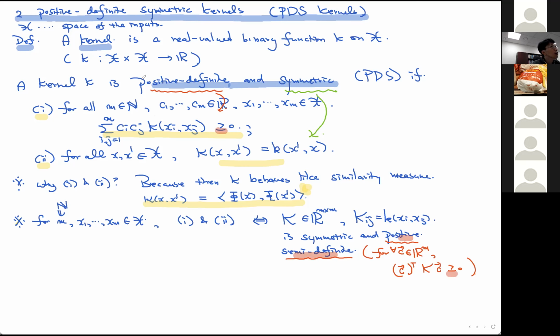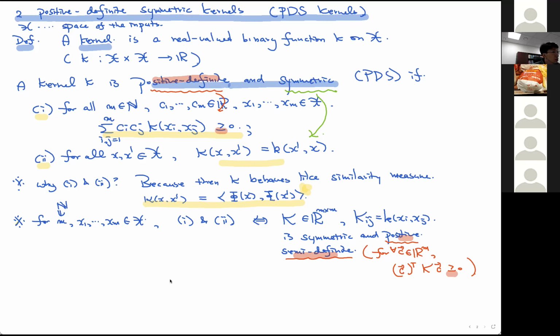But for the kernels, we are using positive definite. So they are related, but according to the textbook, this is the official terminology. So that's one property, which looks almost the same as number 1 and 2. But here's something more important.